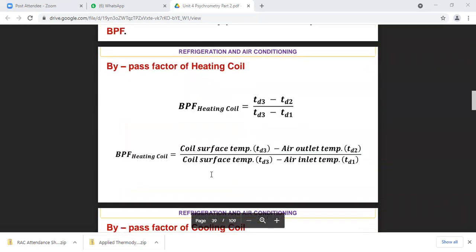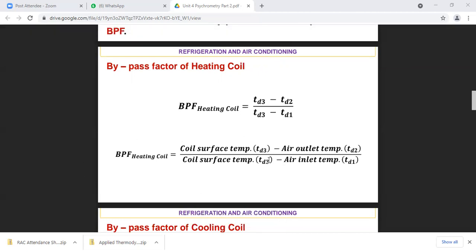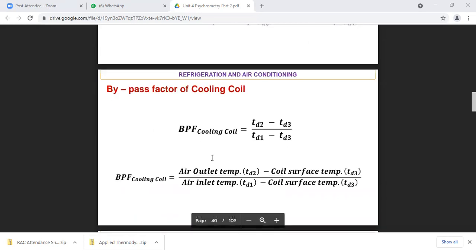So the bypass factor for the heating coil we can write as td3 minus td2 upon td3 minus td1, where td3 is the coil surface temperature, td2 the air outlet temperature, and td1 the air inlet temperature. So this is the bypass factor for the heating coil. Next, we are going to see the bypass factor for the cooling coil.